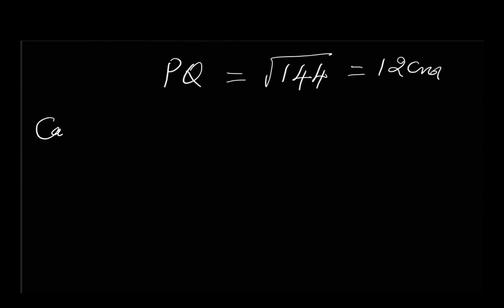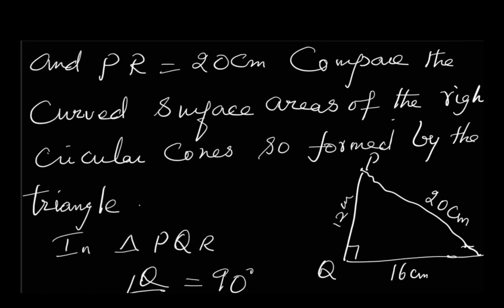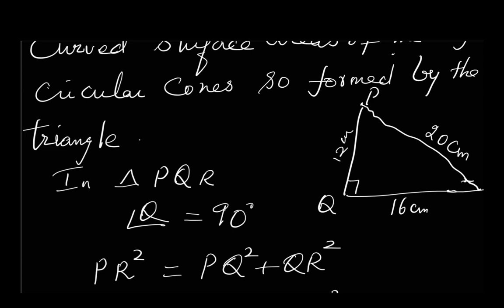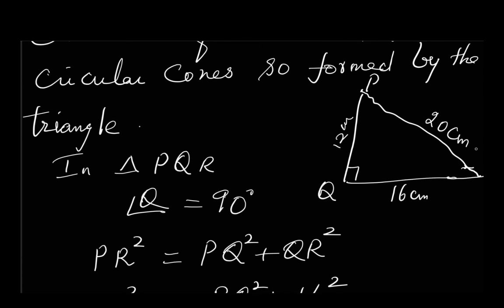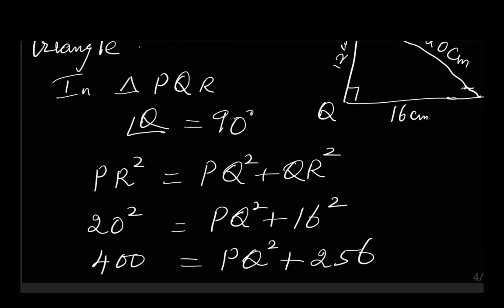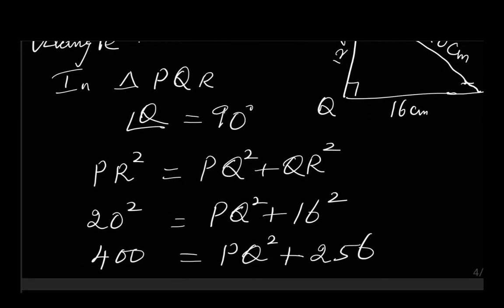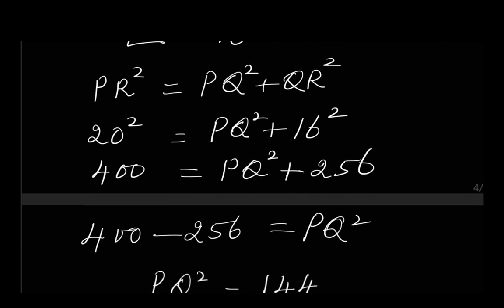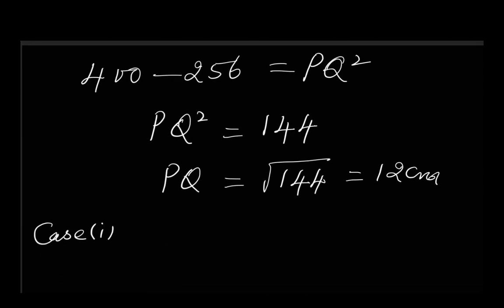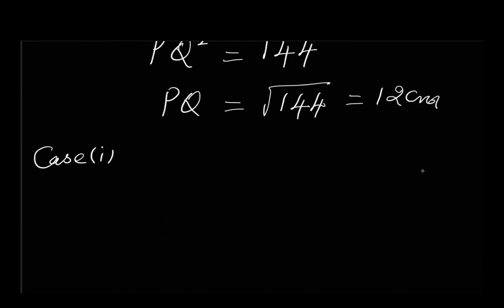In case 1, I give the rotation about the side PQ. So in that case, 20 centimeter becomes the slant height, and this base QR, 16 centimeter, will become the circle. So the radius is 16 centimeter.